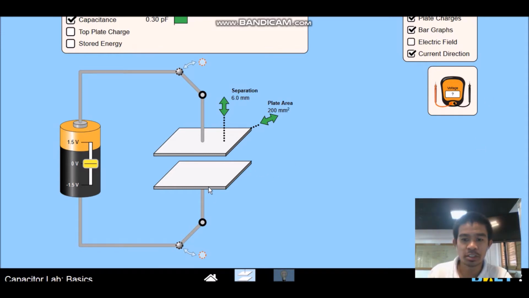So let us charge these two plates. One will be negatively charged and the other one will be positively charged. So how to do that? Let us transfer electrons from this plate to the other plate with the voltage source. Usually it's a battery. For a small amount of voltage, we'll use a battery.